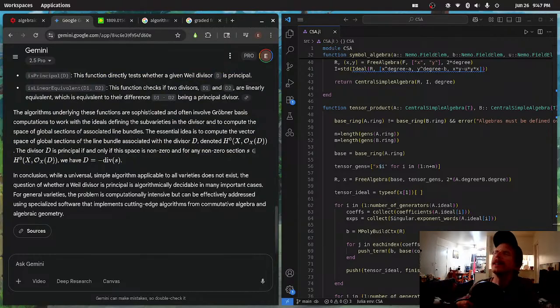My hope was that, well, there's this sequence, the Picard-Brauer group sequence, and I was thinking maybe you'd be able to utilize this.